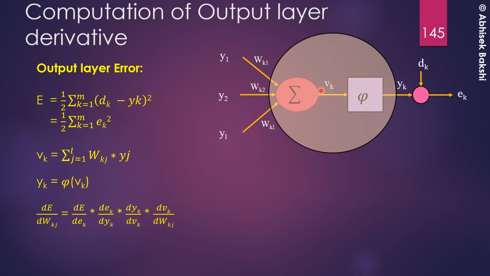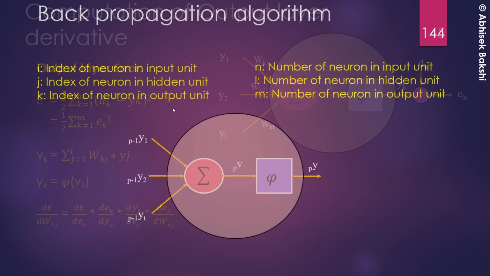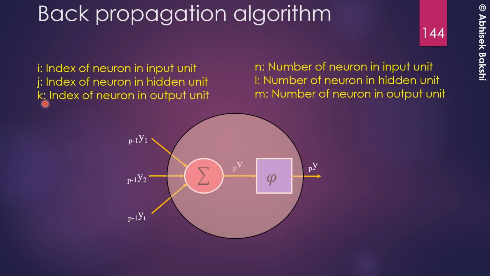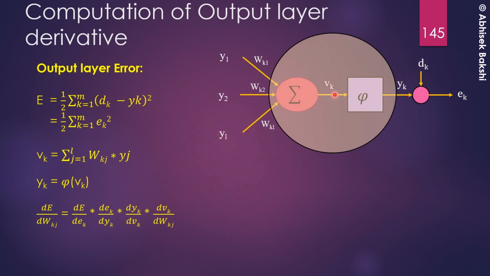I hope you can understand it very easily. Since it is the kth neuron, because we considered that we will index by k for the output neurons, that's why I'm considering k. So I have some desired value from that kth output, that is dk. So I will get an error value ek, right?